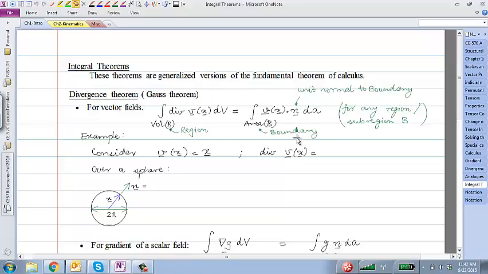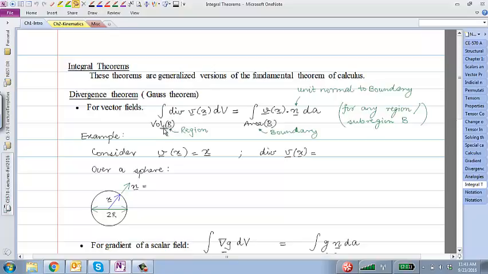So I think what we'll do is take a very simple example and see whether this works at all. By the way, this does not place any restrictions on what type of vector field it is. It should be continuous, and it does not place any restrictions on what type of body it should be.